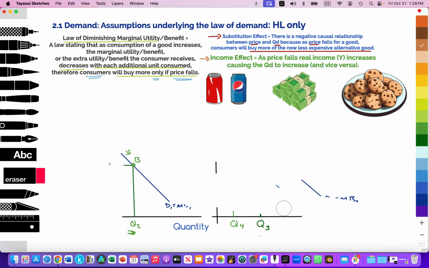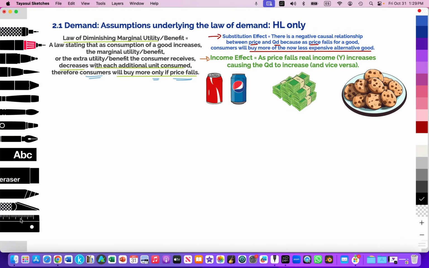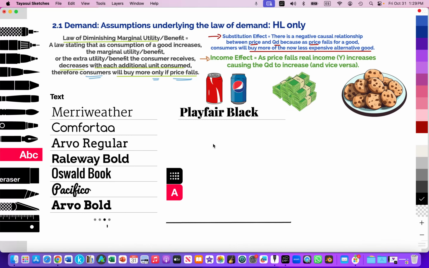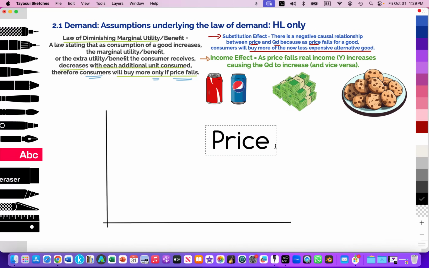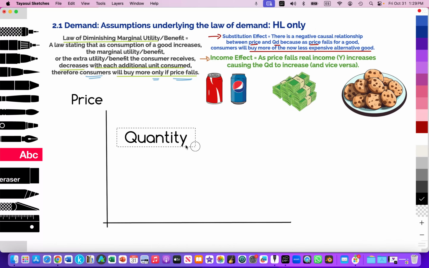And we're going to use the example of Coke again. Okay, so we're going to have a model here. Let's go ahead and label this. We're going to have price and quantity consumed.